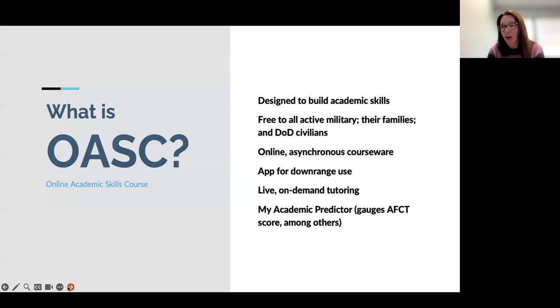And that's probably all of us, right? We all need to talk to somebody live on the other end of the computer now and then to ask questions. And then one thing that has been very successful in the past couple of years is the addition of my academic predictor. So it gauges an AFCT score, among other things.